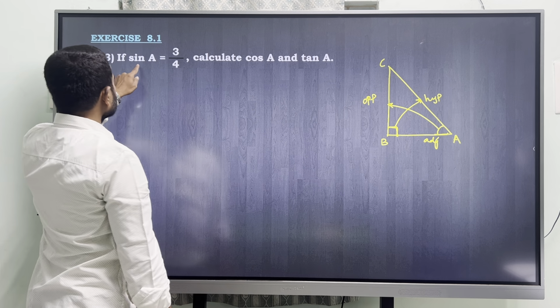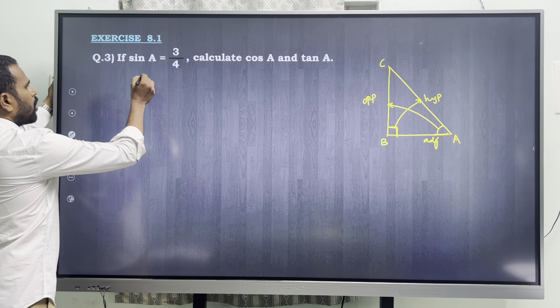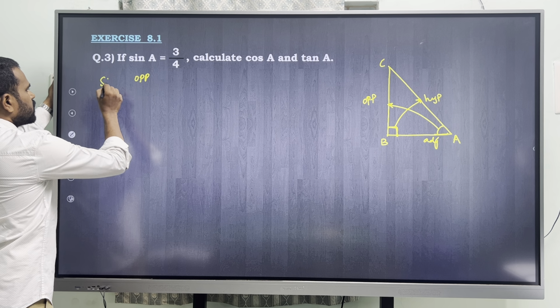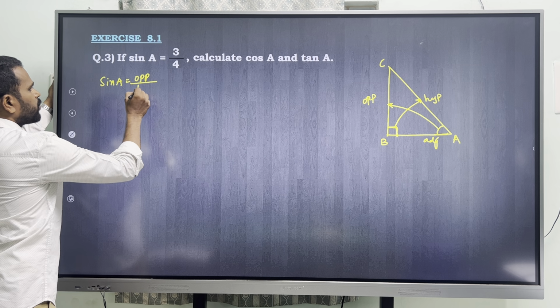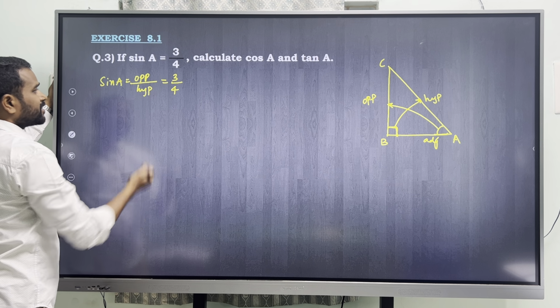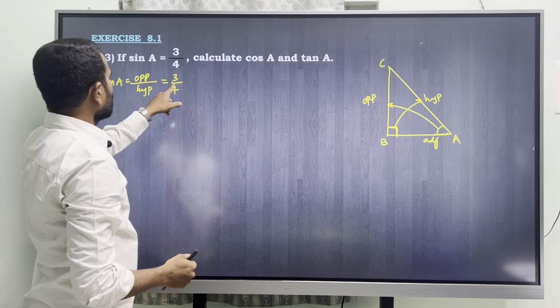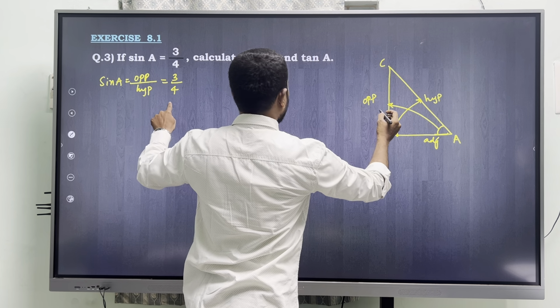What is given? Sin A is 3 by 4. We know sin A is opposite by hypotenuse, equal to 3 by 4. Understand, this is a ratio.